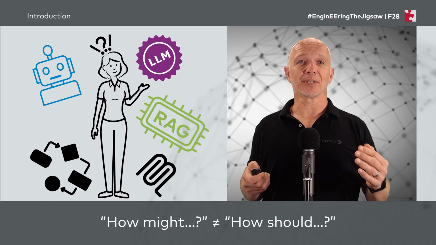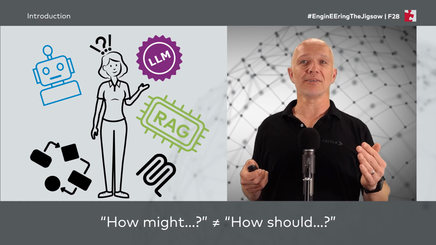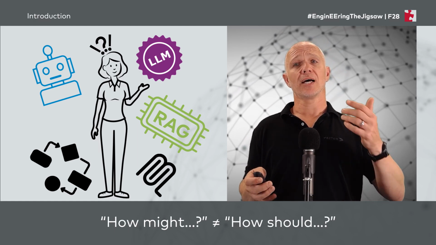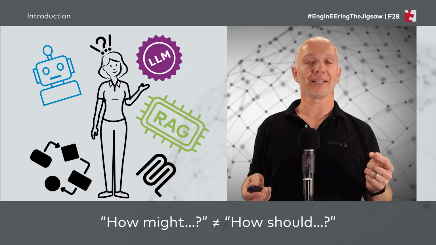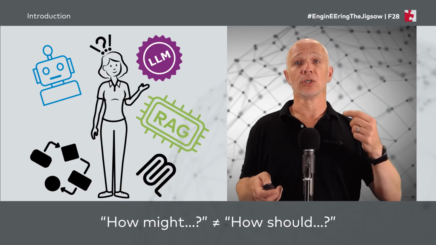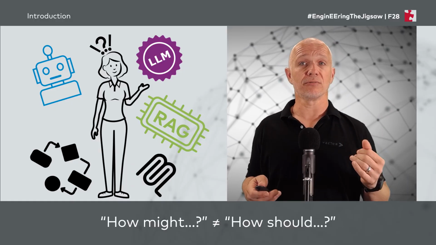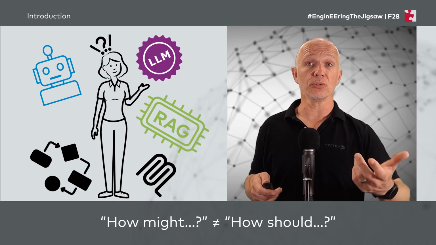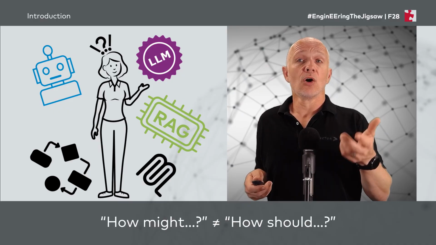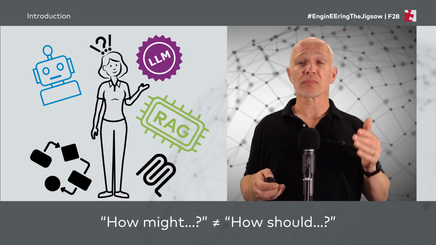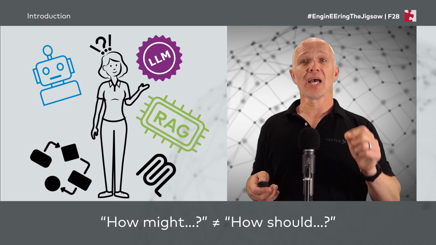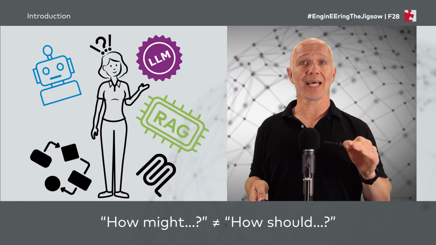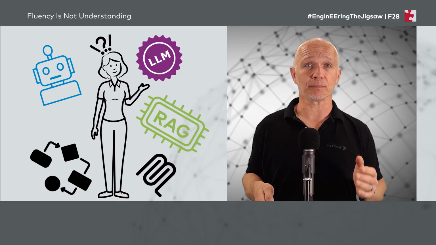And that is because how might is really a fundamentally different kind of question to how should. They're really not the same. So we'll also clarify that question before we go in to the kinds of tasks that LLMs are suited to and why, so where we should use them. We'll also cover where LLMs are not suitable, even if they appear capable, and we'll make it clear where responsibility must remain in any LLM-enabled system.